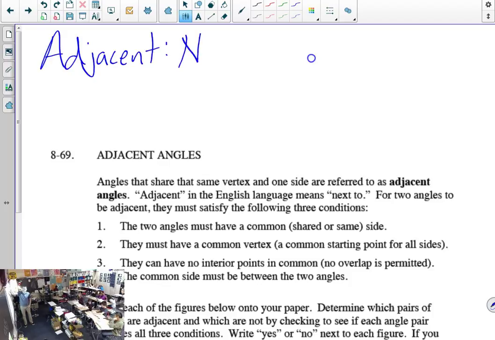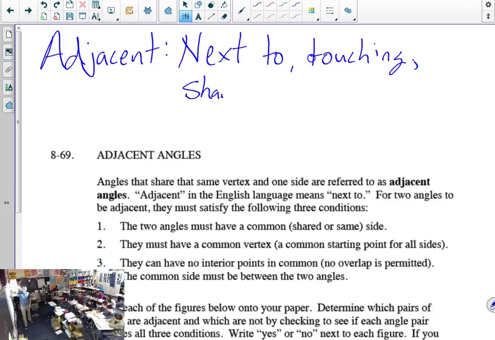adjacent means next to and with angles, shared vertex and side. With angles, they have to have a shared vertex and side. With angles, it's more specific, right?